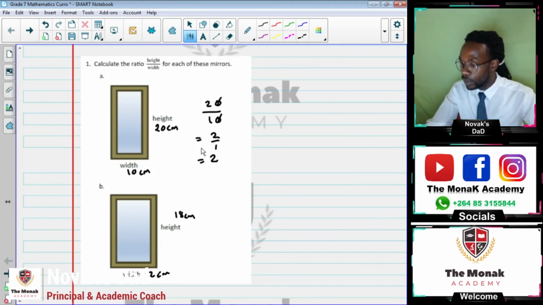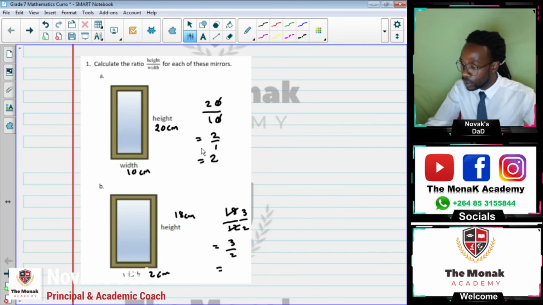What about this one? It's 18/12. We simplify: we know 3 goes into 12, 6 goes into 12 two times, and 6 goes into 18 three times. So we have 3/2.